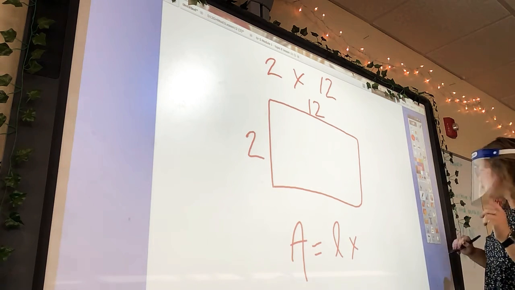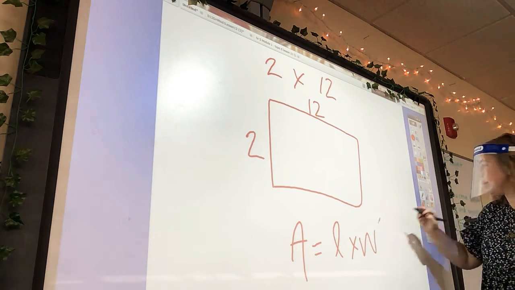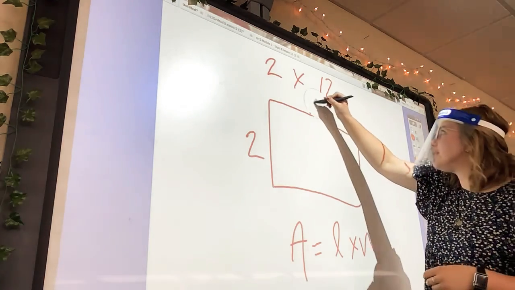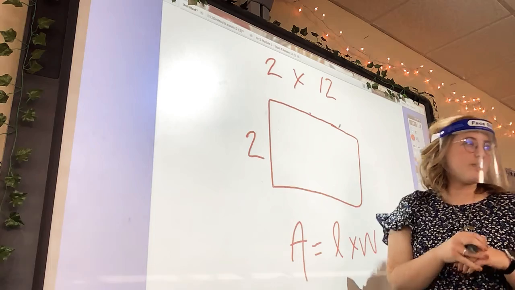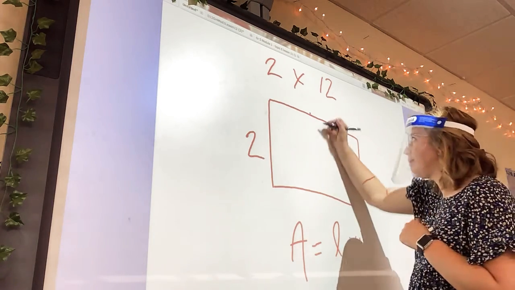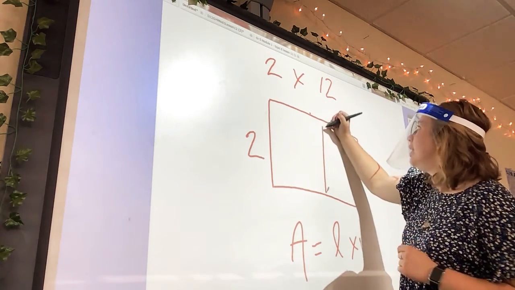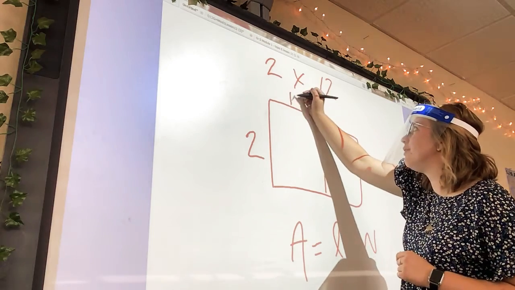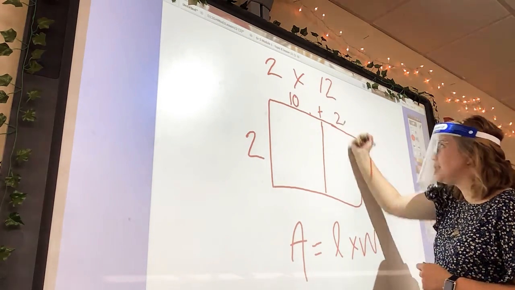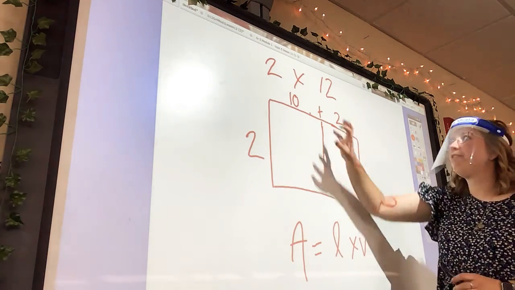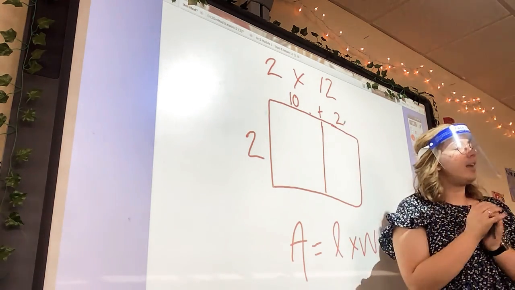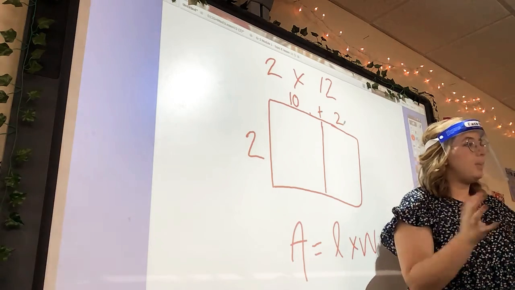Sorry, I didn't mean to erase that part. We also could write that 12 as 10 plus 2. I'm not sure if we went over this last year as a class, but either way, we'll do it now. Do you remember that? If that number's really big, we can solve it more easily by breaking it down.